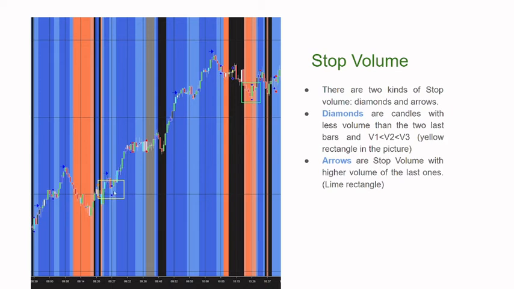So if you have a solid background in volume profile, you know what this means. These bars are useful when you have an alpha male above this level, like this.